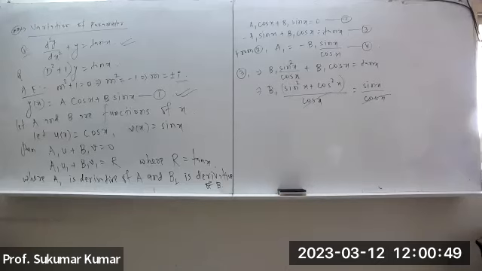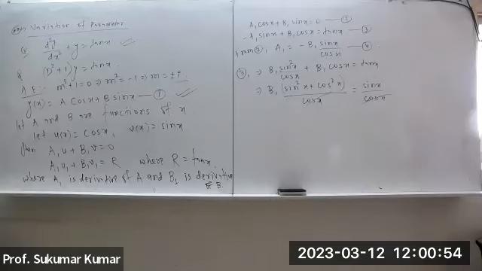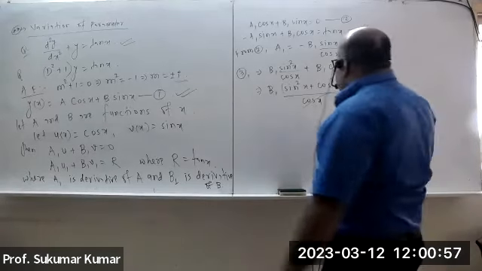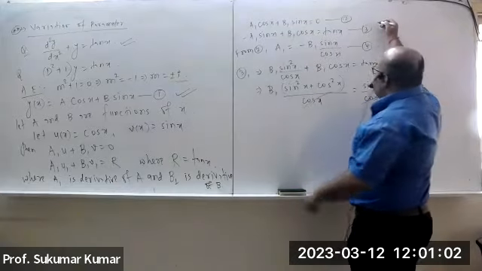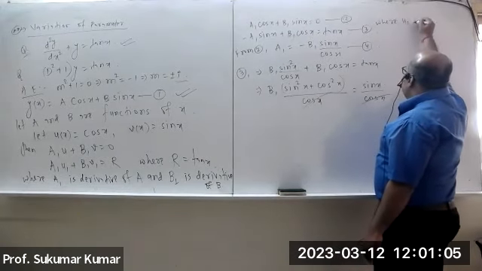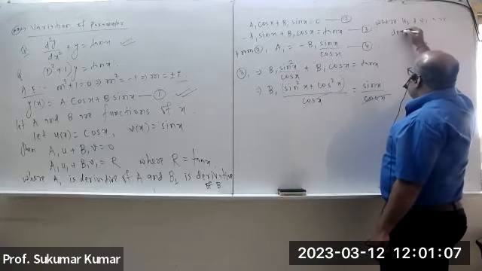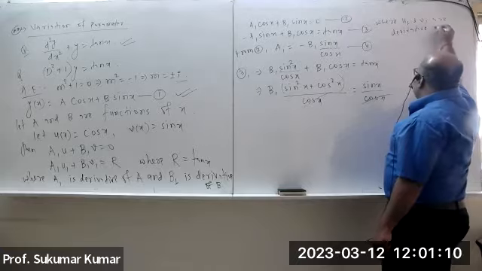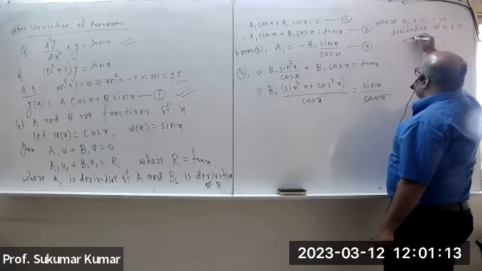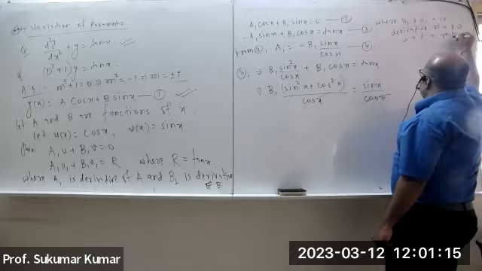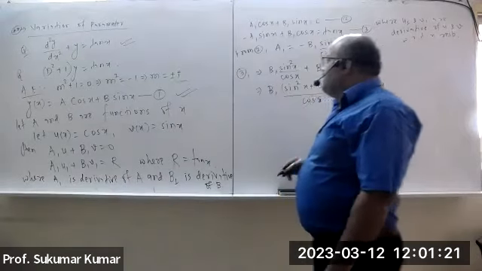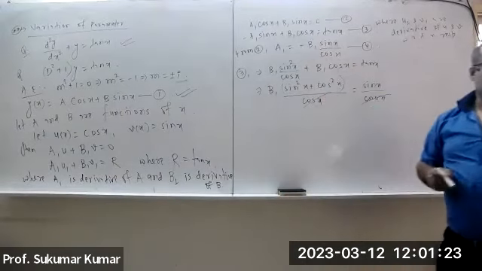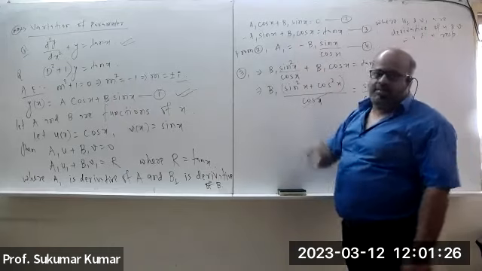Yes, where u1 and v1 are the derivatives of u and v with respect to x, respectively. You see, I'm writing the derivative and writing the equation. Cos x derivative is minus sin x, sin x derivative is cos x.